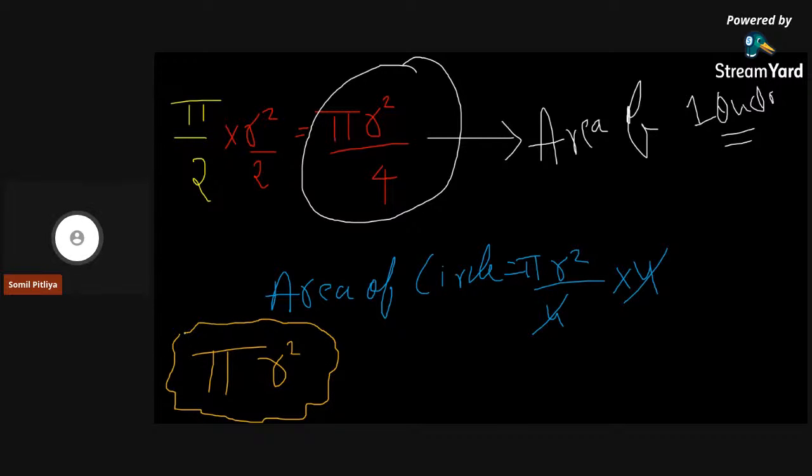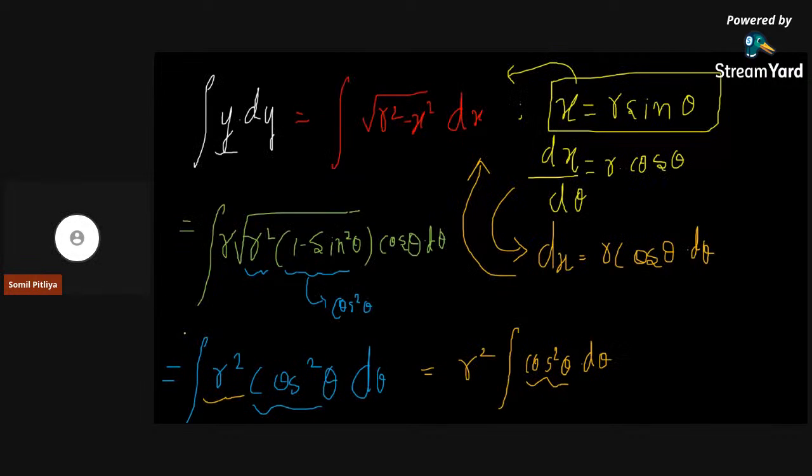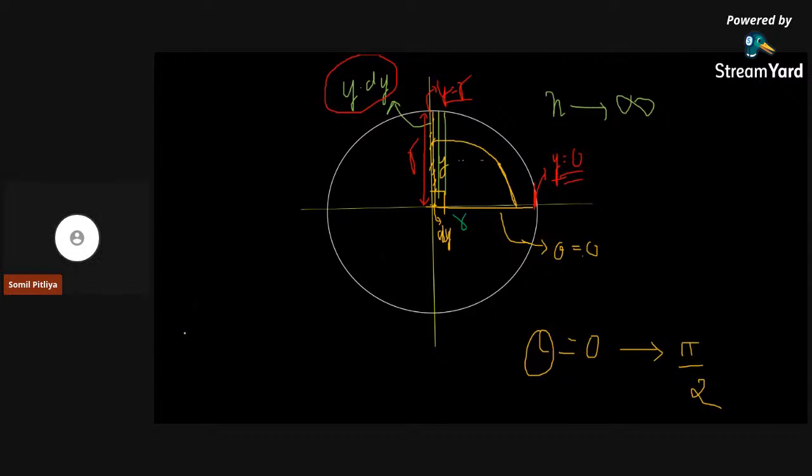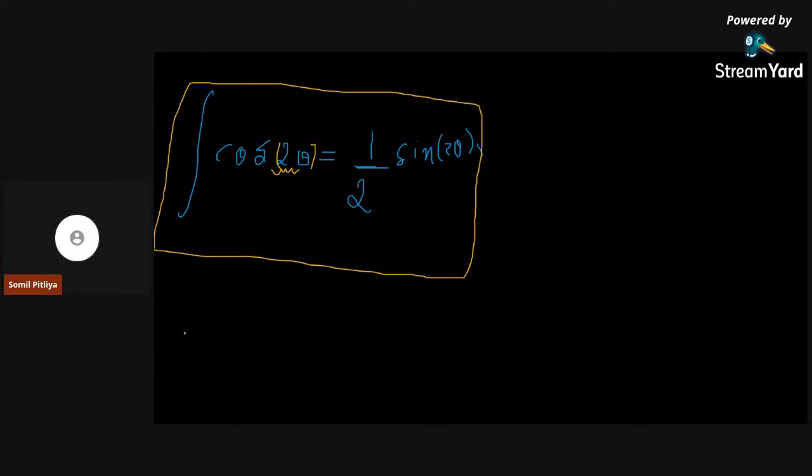I have found the area of the circle by integrating. I have just done this much integration, and I get the area of the circle to be pi r square. I hope you are happy after knowing the proof of the area of a circle as pi r square.